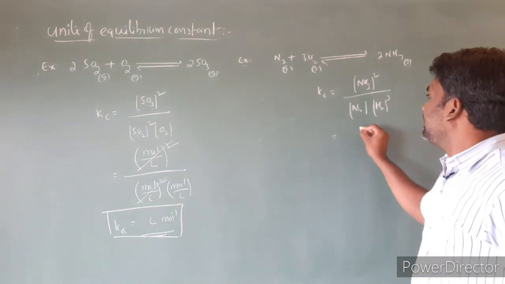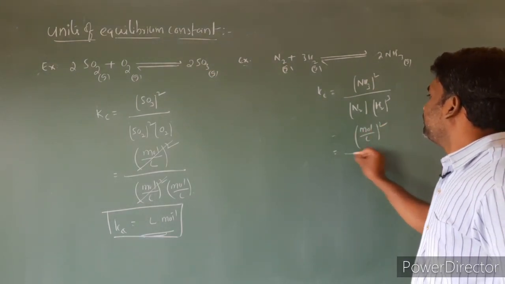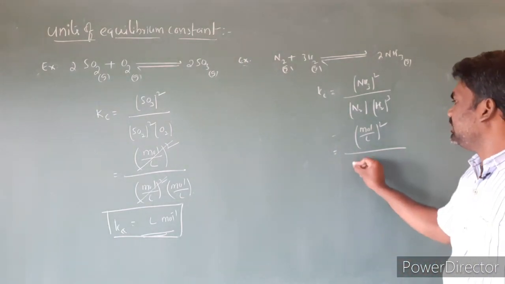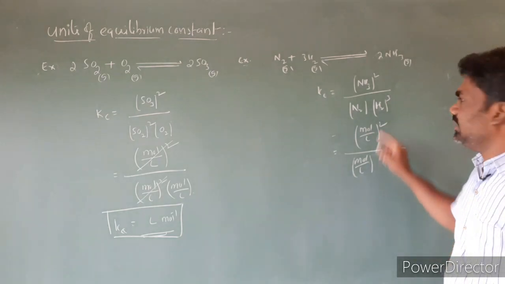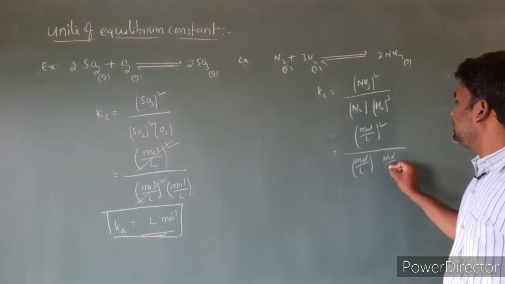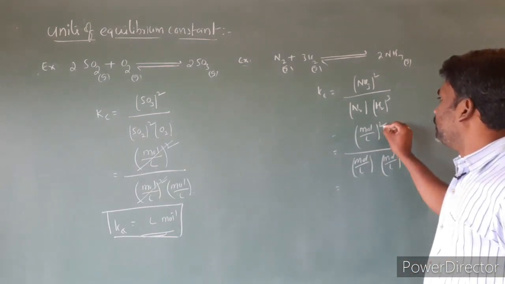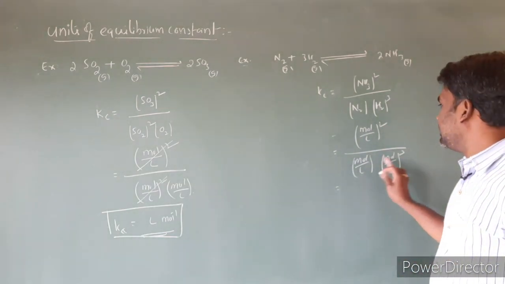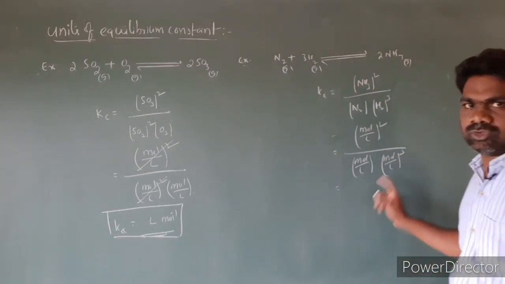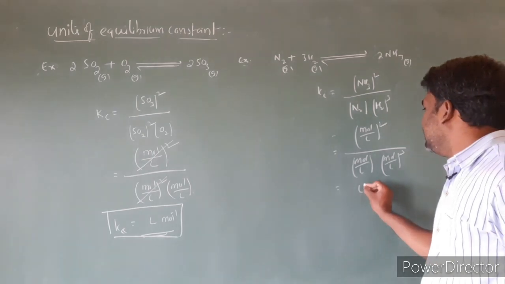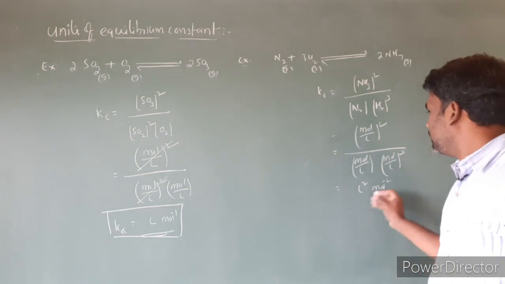That is equal to mole per liter power 2 by mole per liter for N2 and mole per liter power 3. So one mole per liter will cancel. The remaining is mole per liter power 2 in the denominator, so we get liter squared mole inverse 2, that is mole power minus 2.